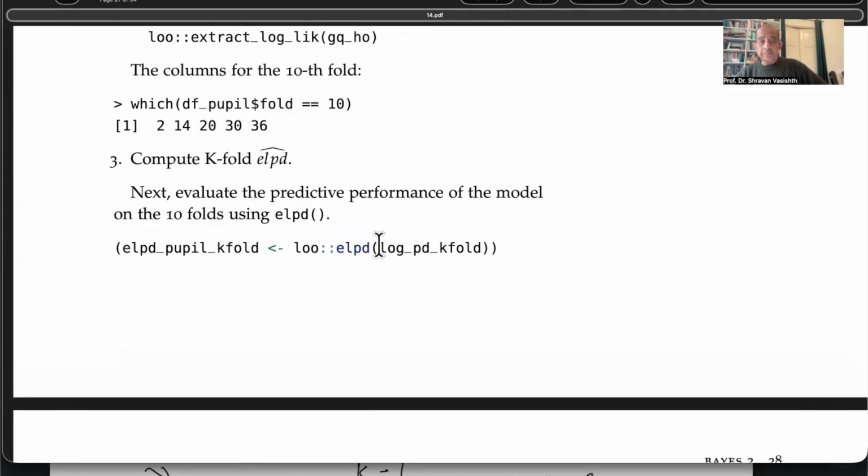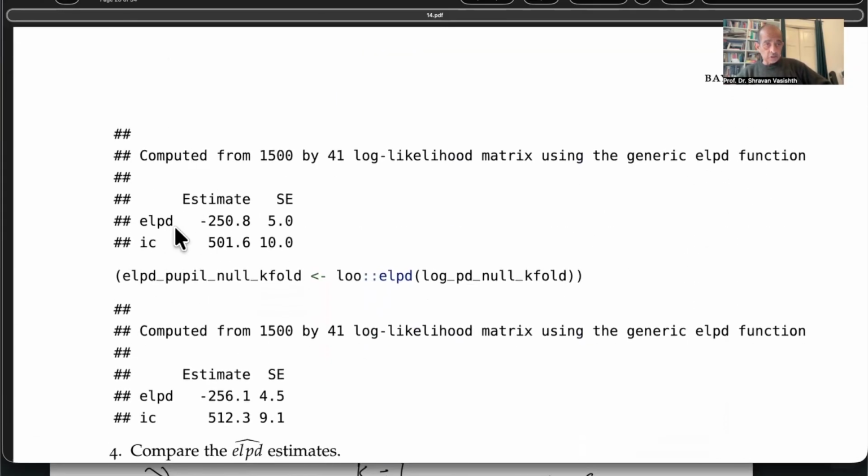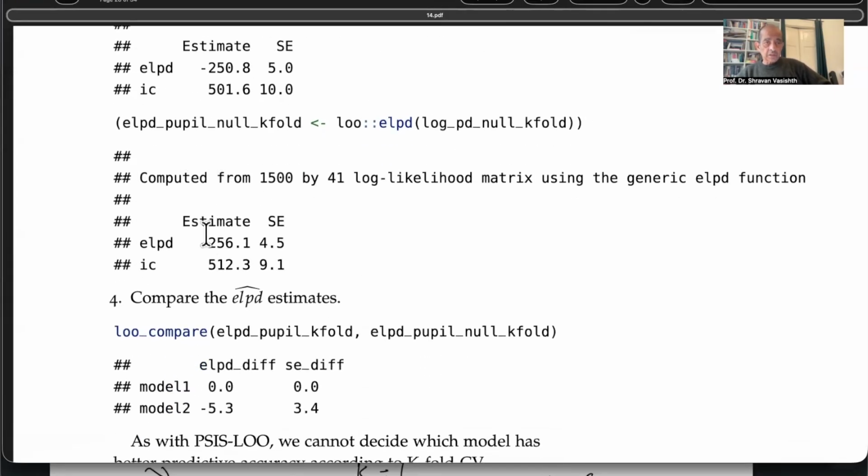What it takes as input is that 1500 times 41 matrix, and it computes the ELPD for the full model. And what you see as an output is the ELPD hat and the standard error. Okay? Same thing for the null model. You give it the matrix that's filled out, and it gives you the ELPD hat and the standard error.